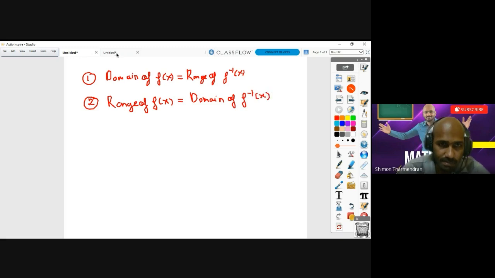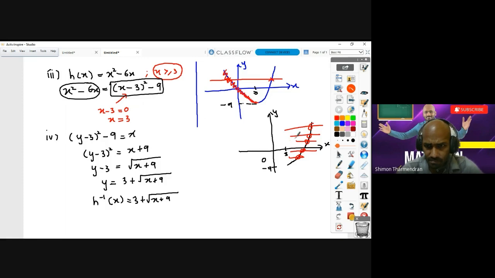So moving back to the other screen, from the graph I sketched over here, what is my range? This is my graph. Tadi yang ni, this is the graph of h of x. So the range of h of x is y is greater or equal to -9. This is my range.